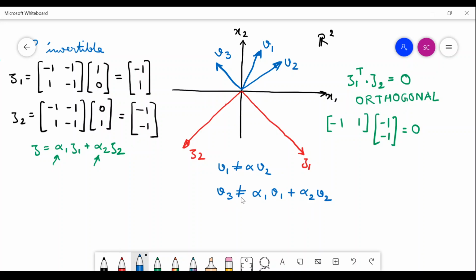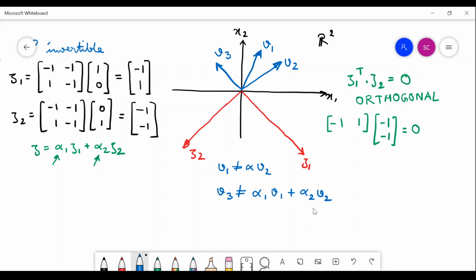It must not be equal to alpha 1 v1 plus alpha 2 v2 for any alpha 1, alpha 2 combination. For any combination, it must always remain unequal. Then only we can say that v3 will be independent of v1 and v2.